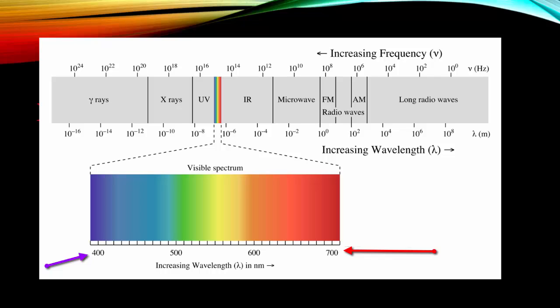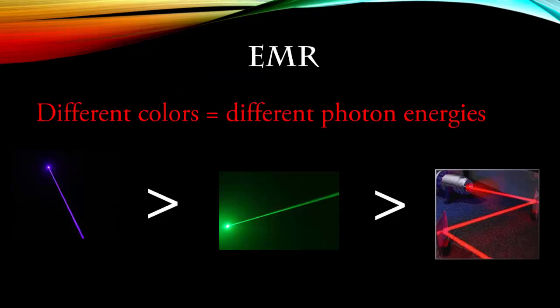Green is somewhere in the middle. So that red light has a smaller frequency. The violet has a larger frequency. So if you want to arrange the lasers in order of highest to lowest energy, the violet laser contains more energy per photon than the green laser, which contains more energy per photon than the red laser.